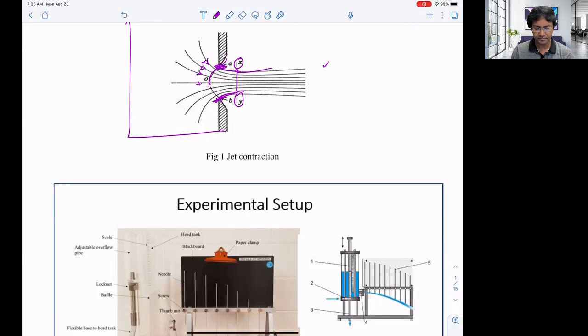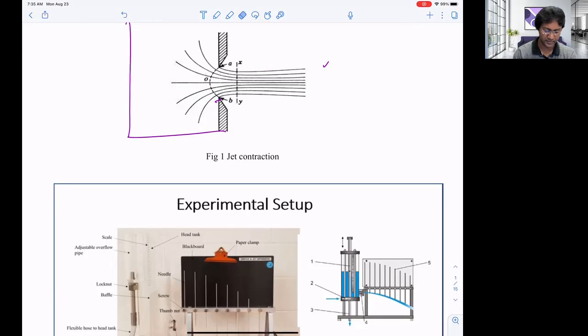So we know this behavior of an orifice. If you open a hole and allow the water to flow through this opening, then it will flow this way. It will converge, and then it will diverge.